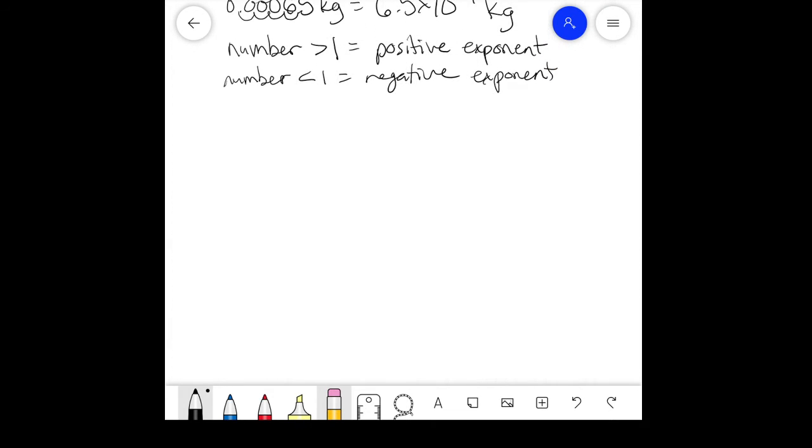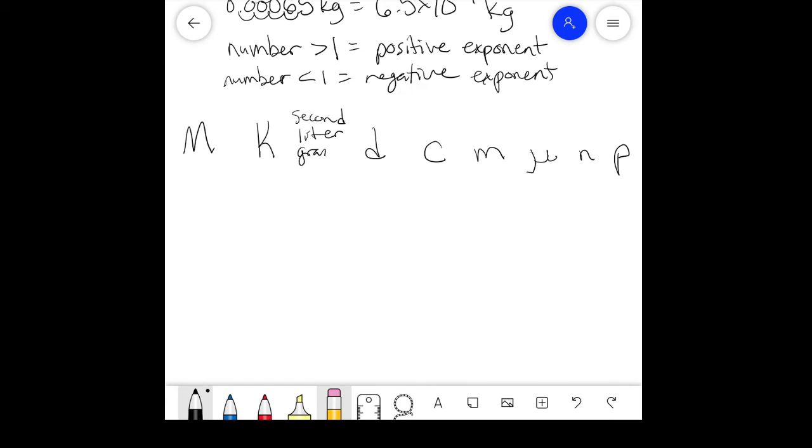Next I'm going to move on to the units, and really I'm just going to go over those prefixes. So those are the main ones, and then this one here is the base one.